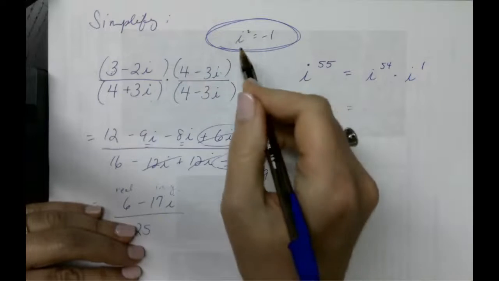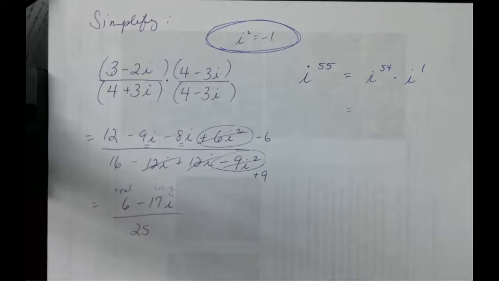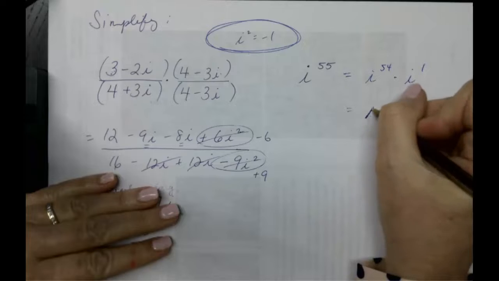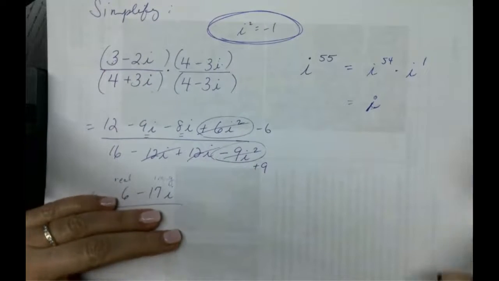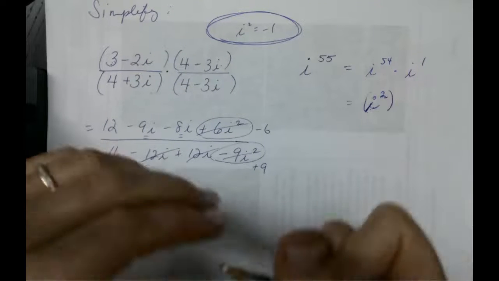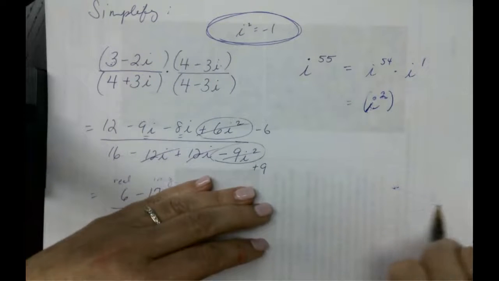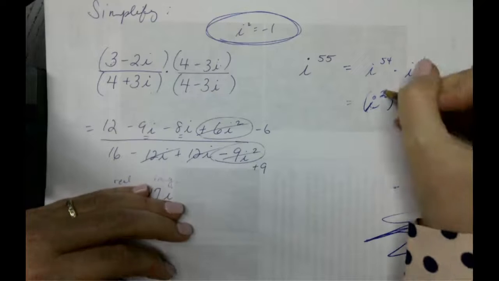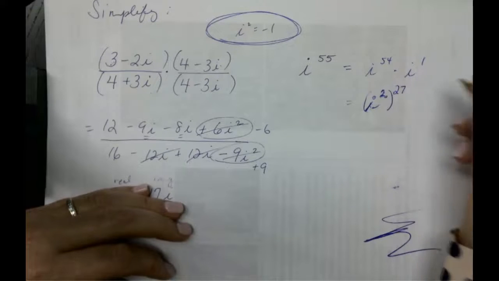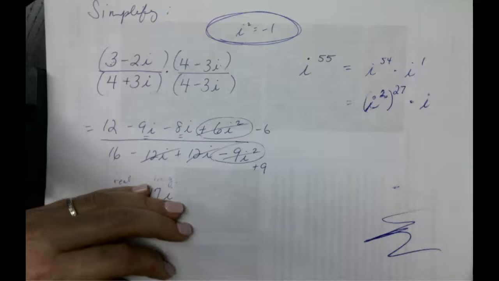And then we will use i squared and the properties of exponents to rewrite i to the 54th. i to the 54th is i to the second raised to the 27th power, times i.